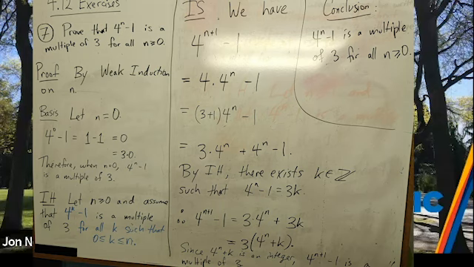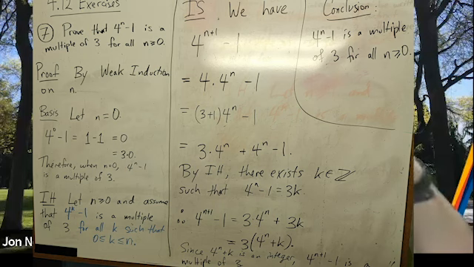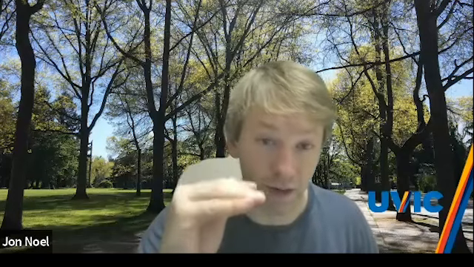Then I use that case to prove the case n equals 1. And now I can assume that it is true for all k between 0 and 1, because I've proven the case n equals 0 and the case n equals 1. So it is true for both of those values.